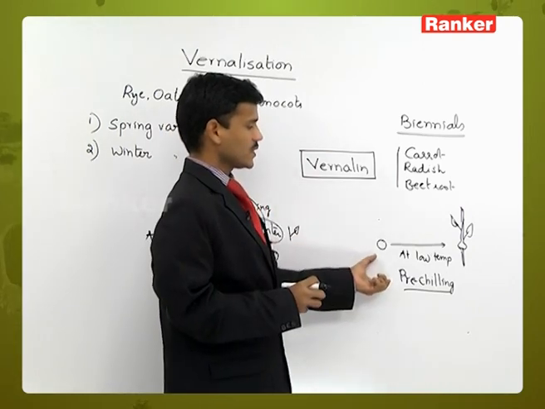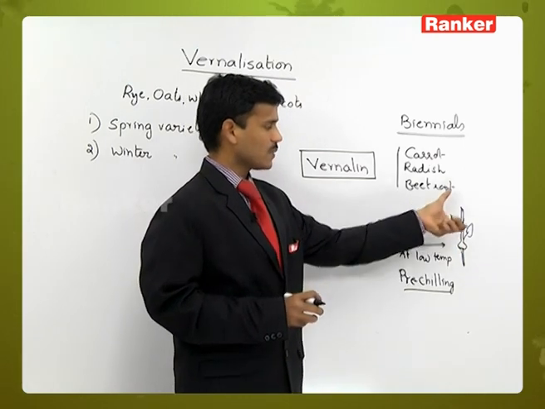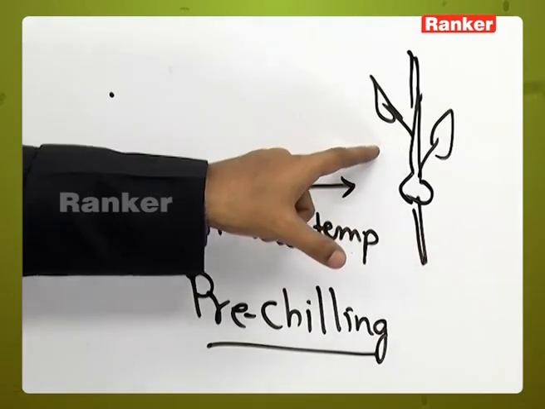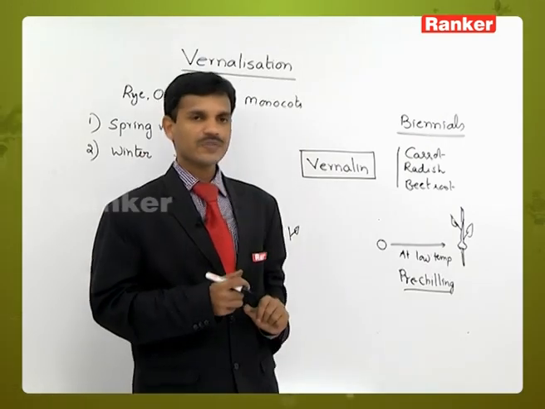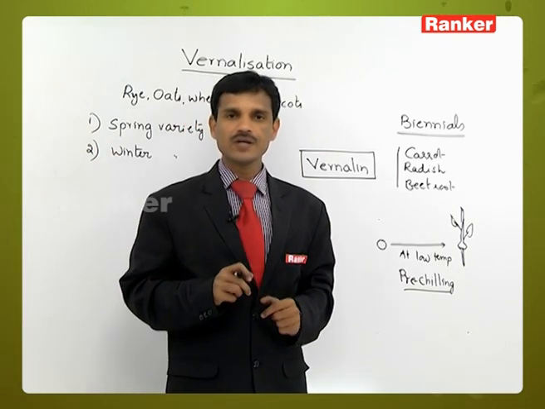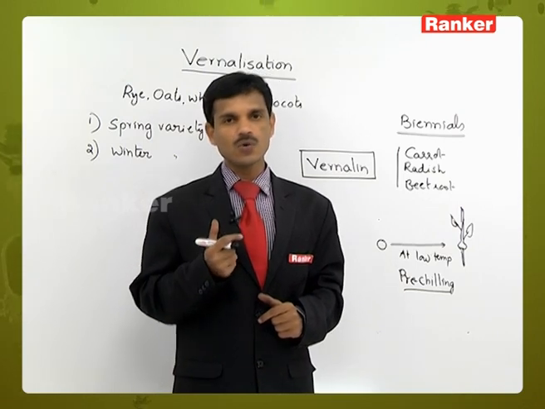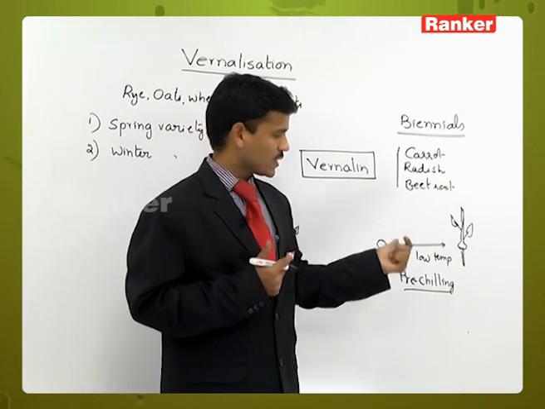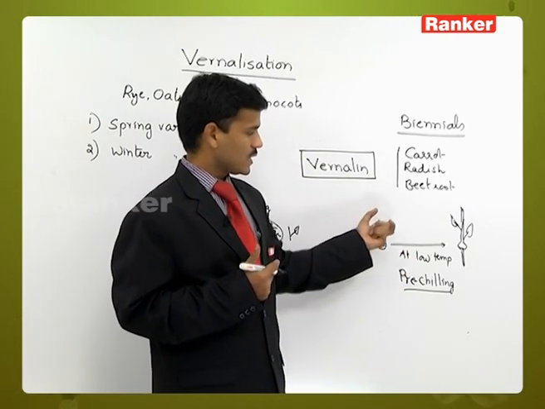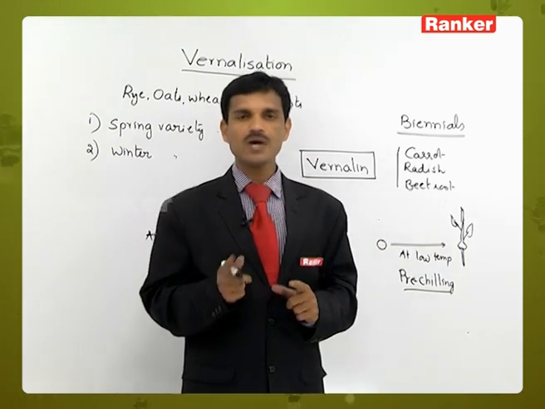Next, after seed germination and plant growth, they are treated once more with low temperature in the winter season, and flowering is initiated. So we can get the crop in the first year only, and need not wait for the second year. By using vernalization, mainly the pre-chilling method, we can convert biennial plants into annual plants.